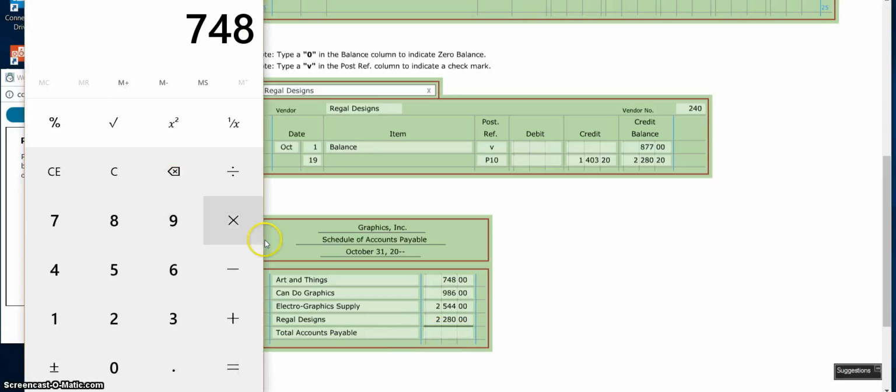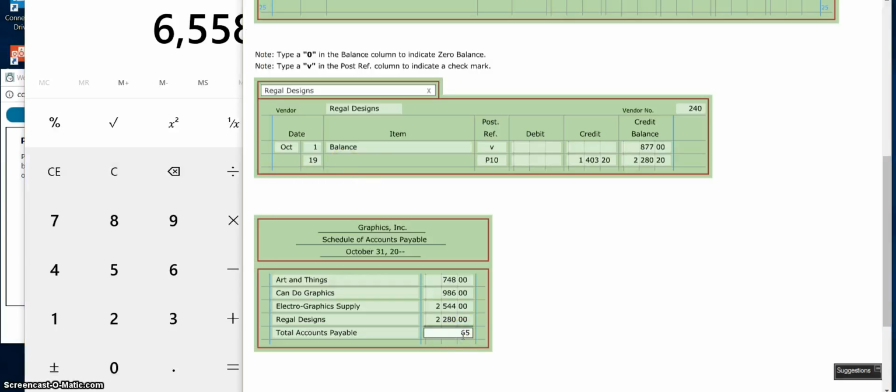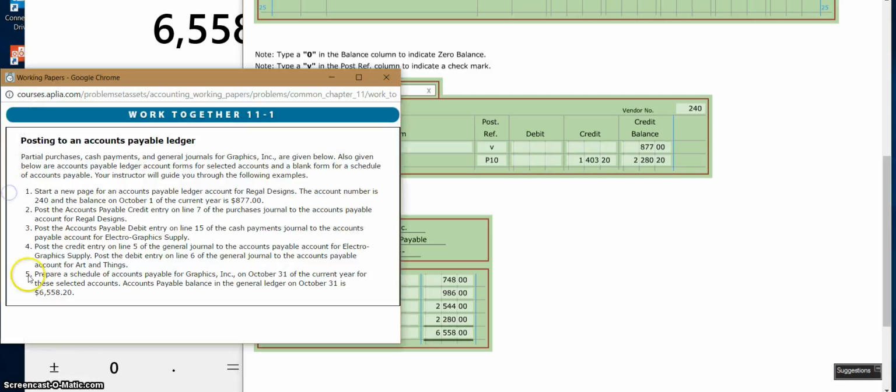So in the calculator, 748 plus 986 plus 2,544 plus 2,280 equals $6,558. Now, I'm going to check and make sure I'm right. So I'm going to go back to my instructions where it says the accounts payable balance in the general ledger on October 31st is $6,558.20. Oops. That is not what I got.